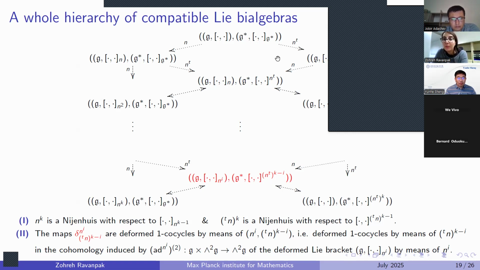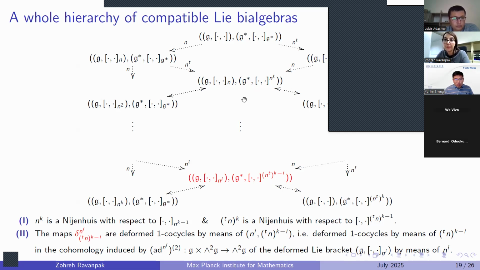However, I do not have dualization here. Maybe one can say n transpose is dualization, because it happens in the dual space, but since I deform it by n transpose, I prefer to keep the deformation. And here the double deformation is the concomitant, which we impose to be 0. So this double deformation is still a Lie algebra.